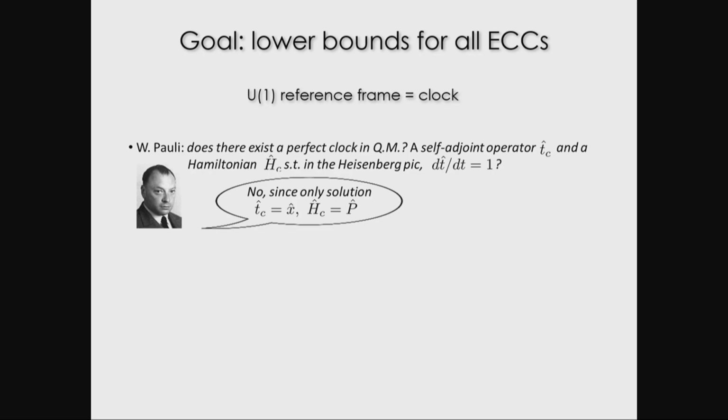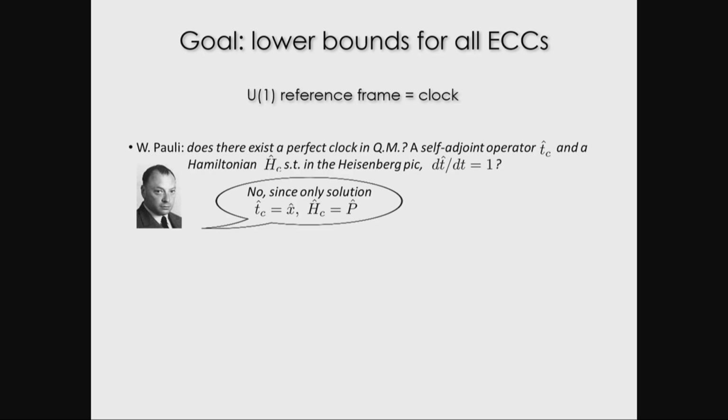Or in other words, does there exist a self-adjoint operator T and a Hamiltonian, such that in the Heisenberg picture, the derivative of this operator is the identity for all time. And he concluded that no, because the only solution up to unitary equivalence is when the time operator is the position of a free particle in one dimension, and the Hamiltonian is the momentum operator or generator of translations.